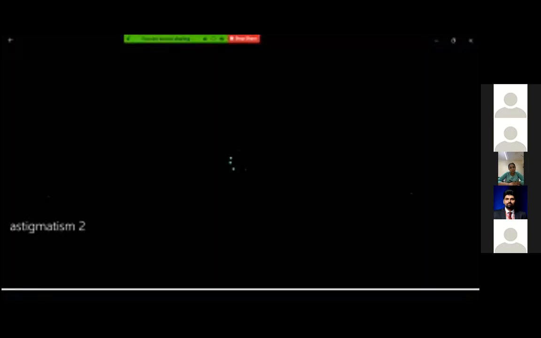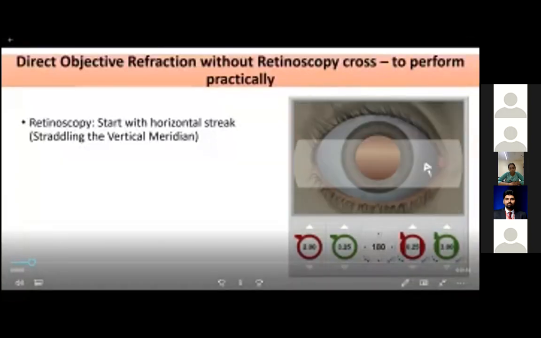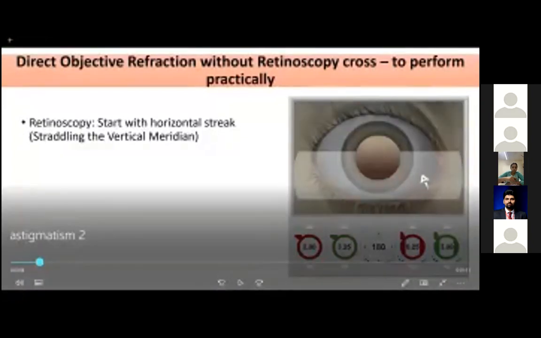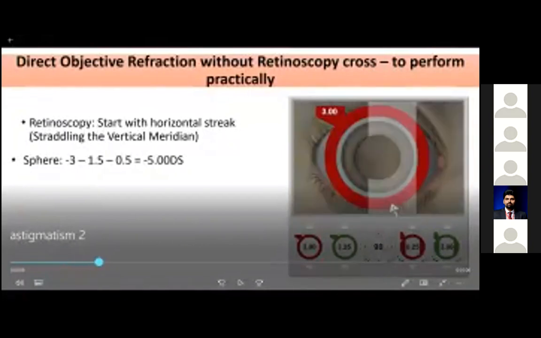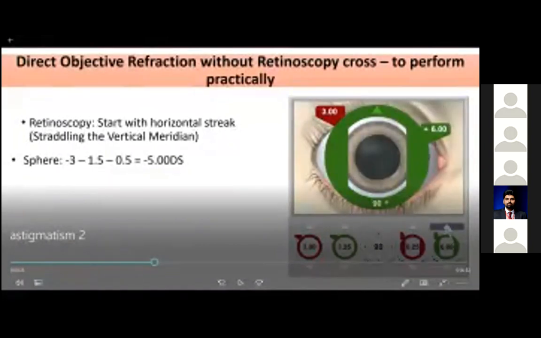I'll just show you how, with the same case. There was a neutralization of the vertical meridian with minus 3 diopter sphere, so that was minus 5 diopter sphere, which you can directly write over here. And for the cylinder, we had neutralized it with a plus 6 diopter cylinder, and the axis was 90 degrees.